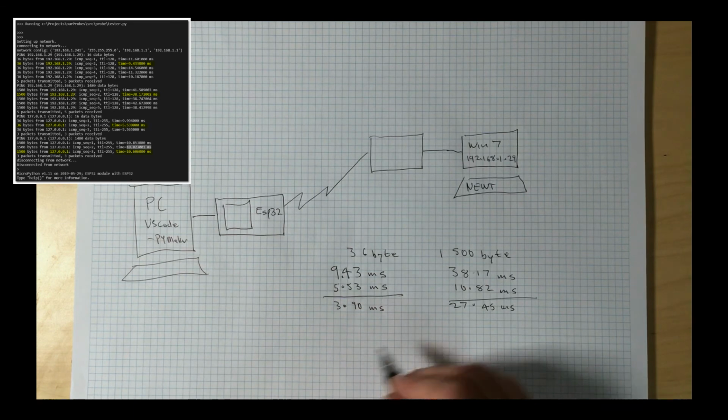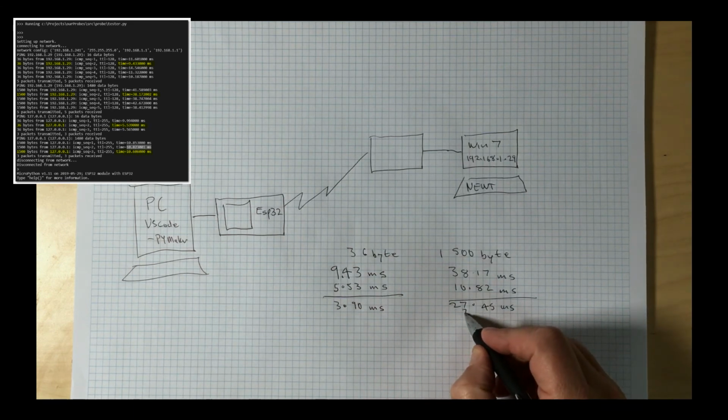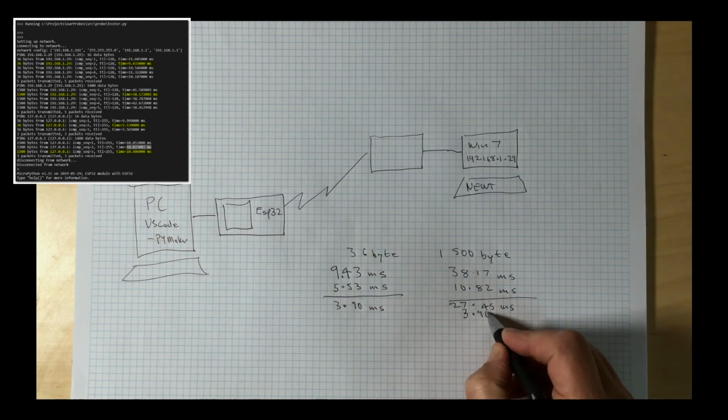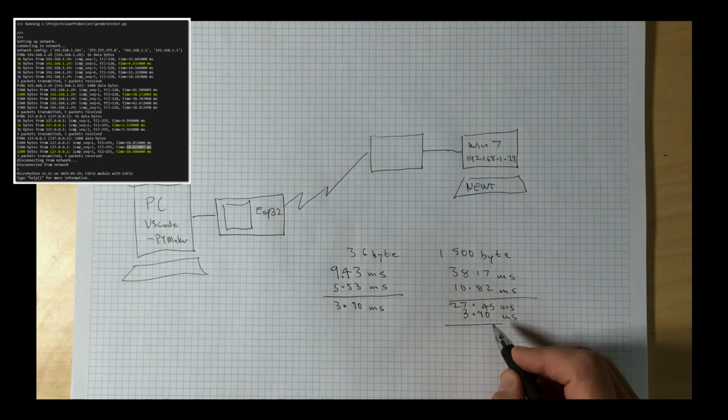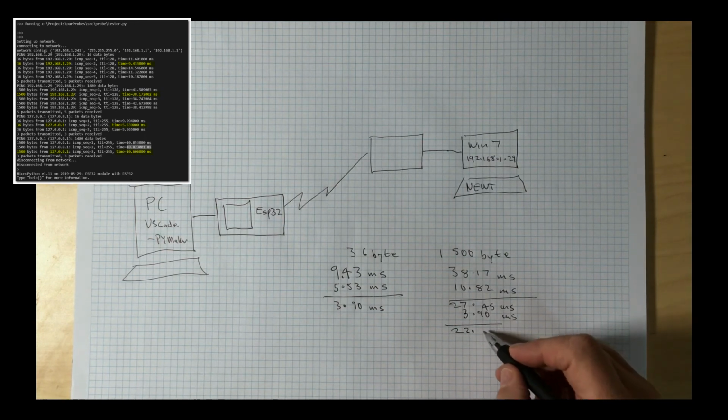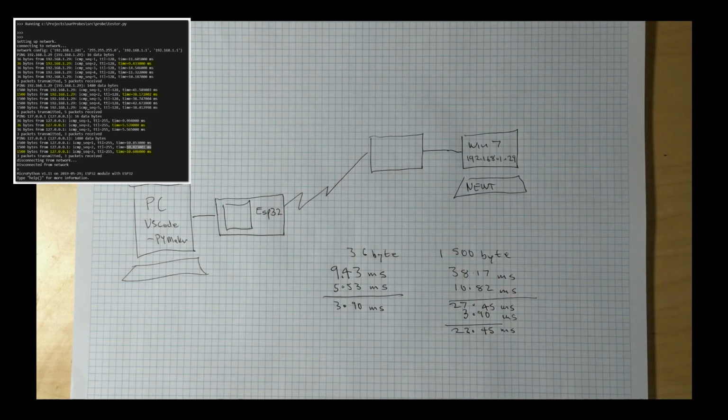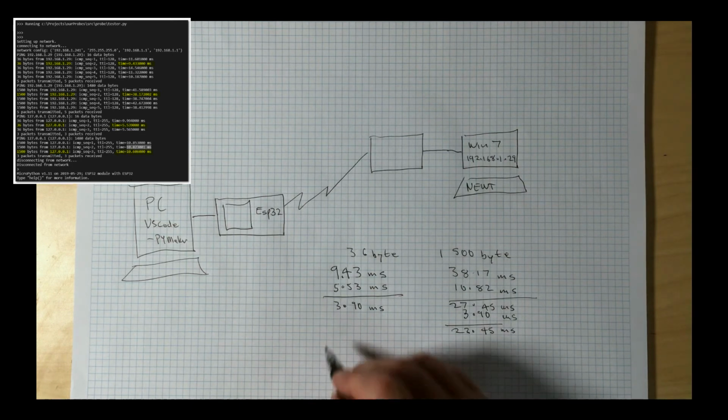If I subtract the lowest time, 3.90 milliseconds, from that maximum time, it gives me 23.45 milliseconds. So that's the difference in ping time on the network due to the differences in packet size.